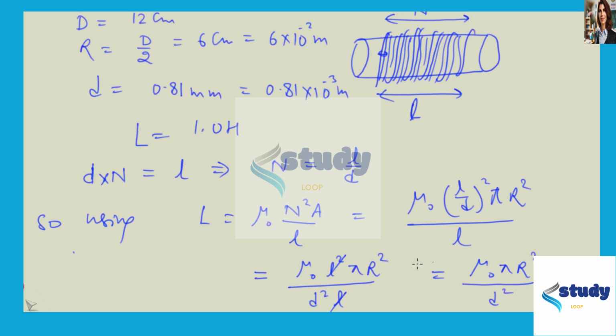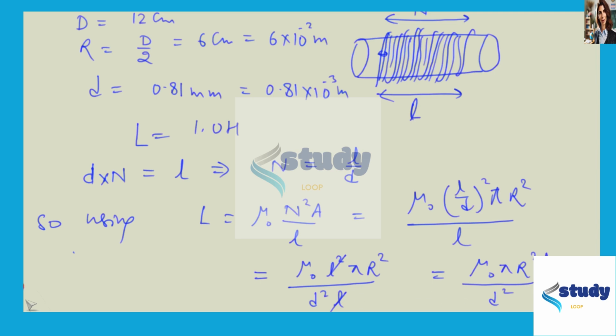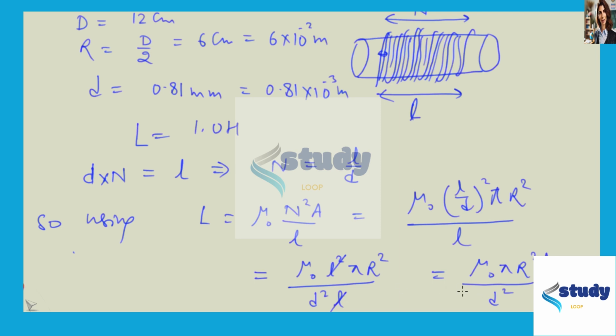So finally, as we have to find the length of the solenoid, l remains. The expression for the length of the solenoid will come out to be l is equal to L into d square, L for self-inductance, d for the thickness of wire, divided by mu naught into pi into R square.